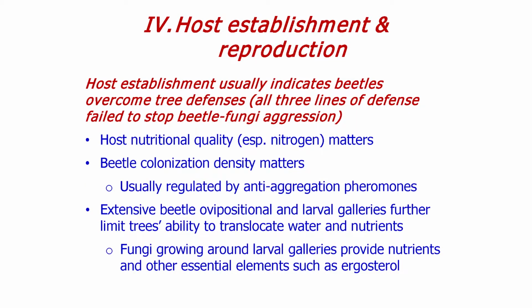The last stage is host establishment and reproduction. Everything I presented here usually happens within a few weeks. After that, if the game is over, the insects start settling in, and you don't see much further colonization. Right now, you see larval development and others.